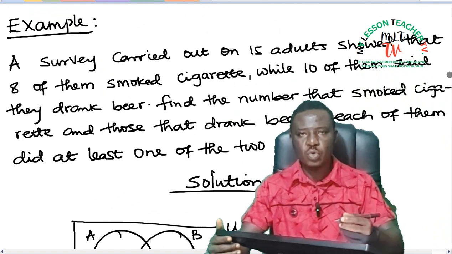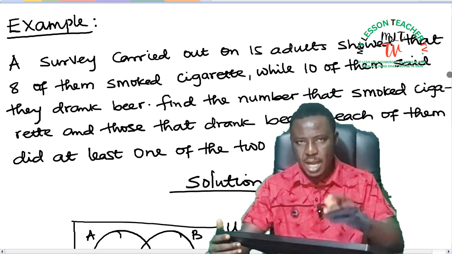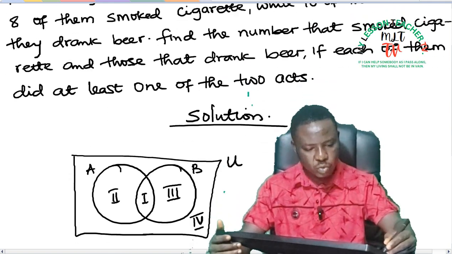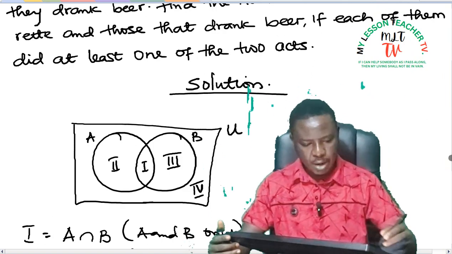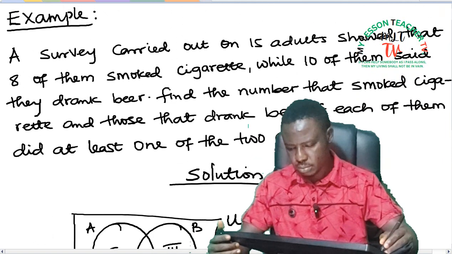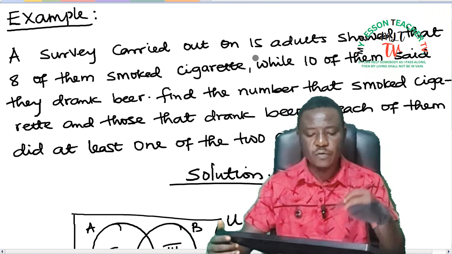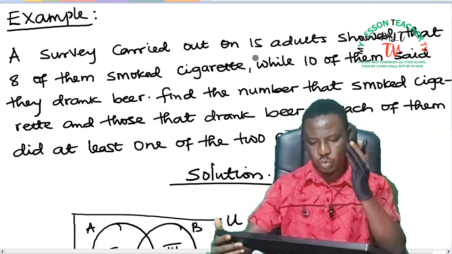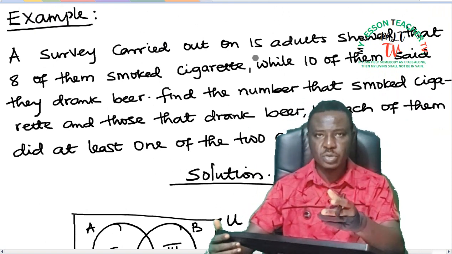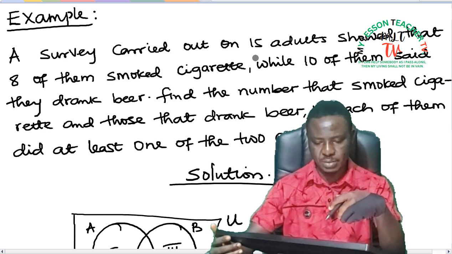Now, let us also dissect the statement and see how we can fit them into these 4 regions I have explained to you. We have it that a survey carried out on 15 adults. Now I'm going to help you to dissect these questions, to bring them out and represent them in algebraic statement.